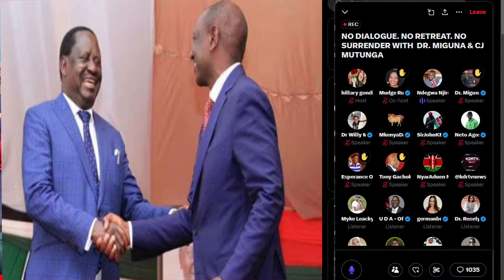If you look at the threshold of the process, we just need a quarter of the members of parliament to move this. Then the Constitution further says that it must be supported by a majority of all the members of the National Assembly. So the threshold is very, very clear and a threshold that can easily be achieved.